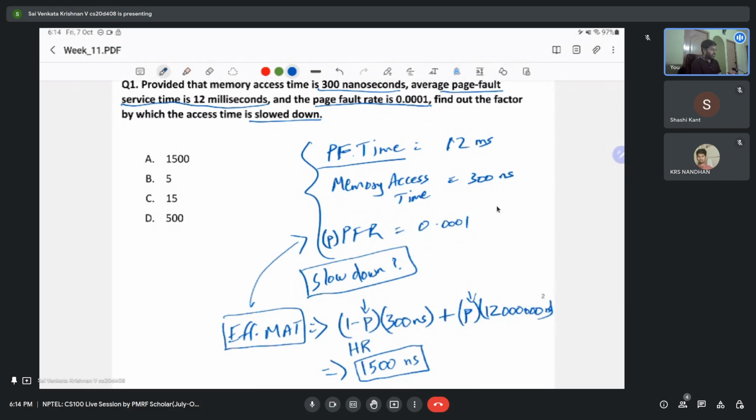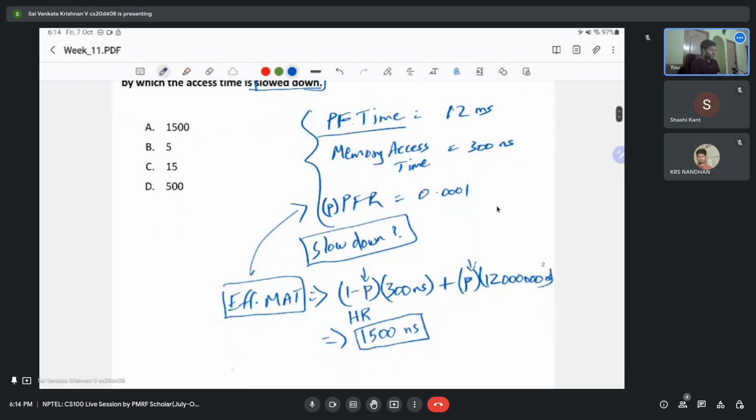But they have specifically asked what's the slowdown. So by slowdown, how do we calculate this? In an ideal scenario, what's the memory access time? The ideal scenario is that all pages you are requesting should be present in your memory always, so your page fault rate should be 0. So if your page fault rate is 0, substituting p equal to 0 in this formula, it should be 300 nanoseconds.